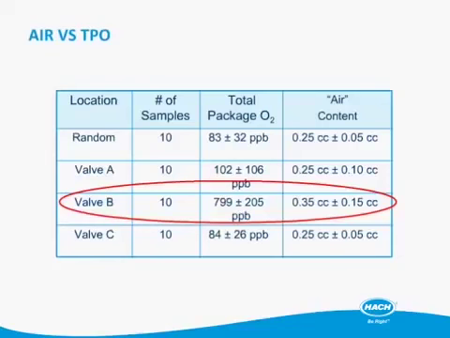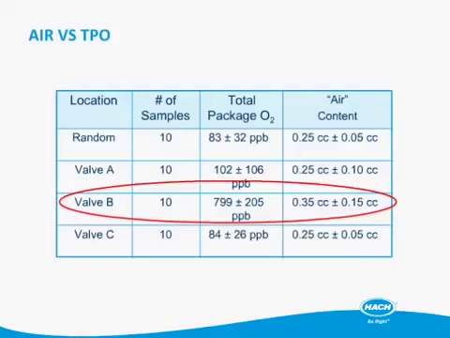We had a filler valve, 10 samples, at 800 parts per billion, versus the rest of the filler where we were getting numbers closer to 80 parts per billion. But look at the air content. It didn't really change. We had 0.25 in the 80 to 100 ppb packages and 0.35 in the 800 ppb package.